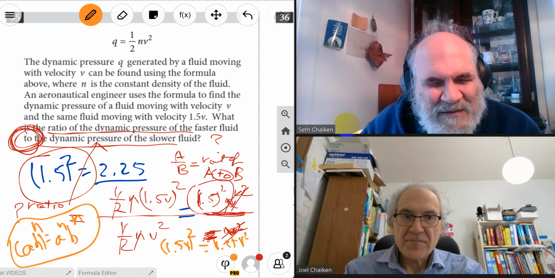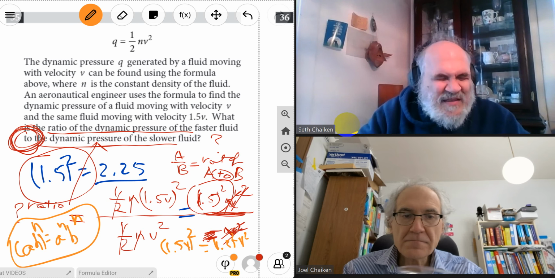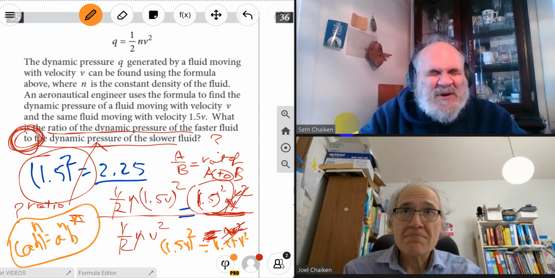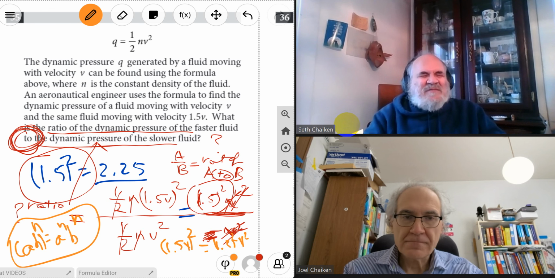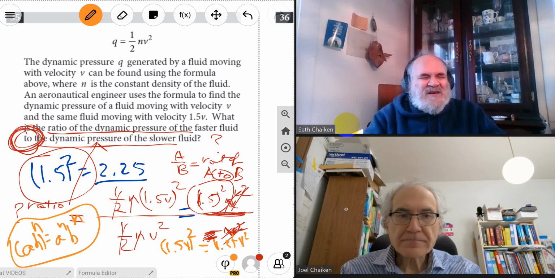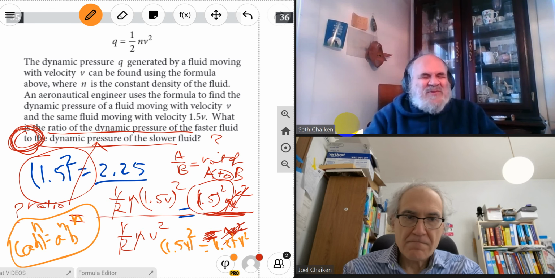In particular, the area of a square is 1 times the square of the length. But a familiar formula that they may pull out on the SAT, which nominally looks like this, believe it or not, is the kinetic energy of a body with a given mass at a given velocity. The kinetic energy is 1/2 of m times v squared, where m is the mass and v is the velocity.